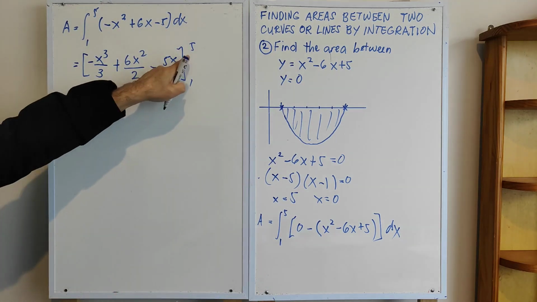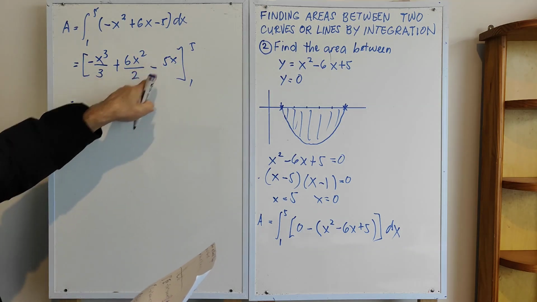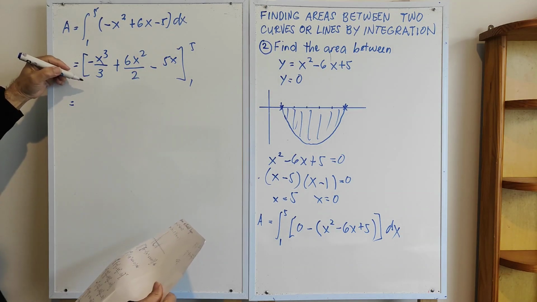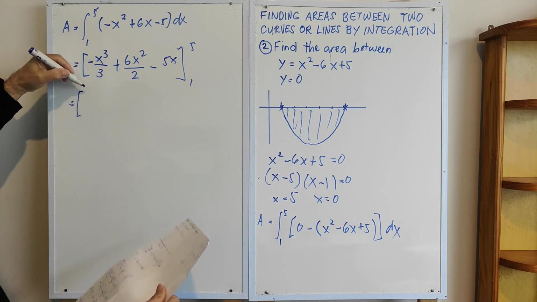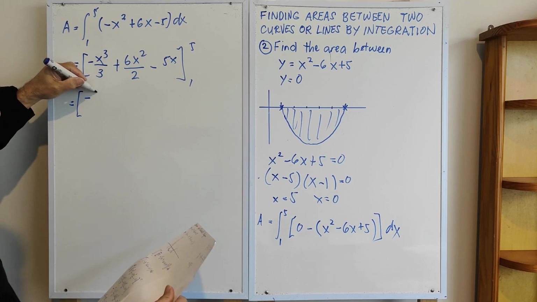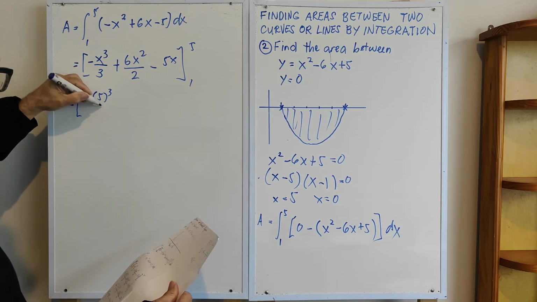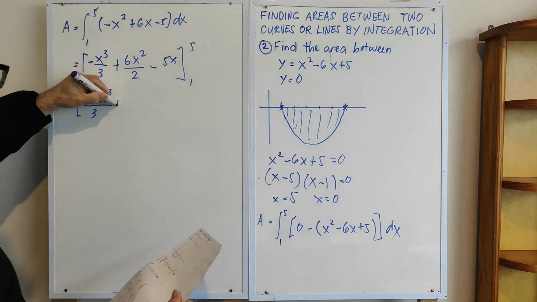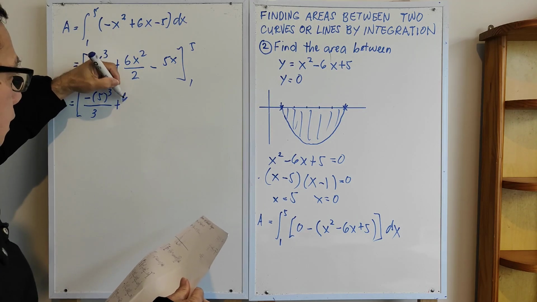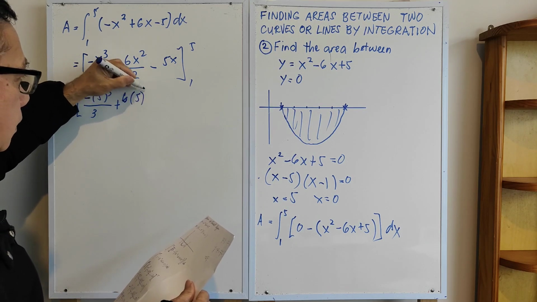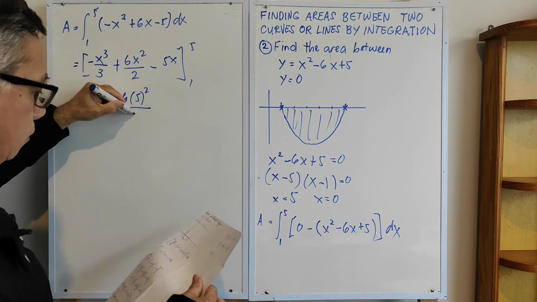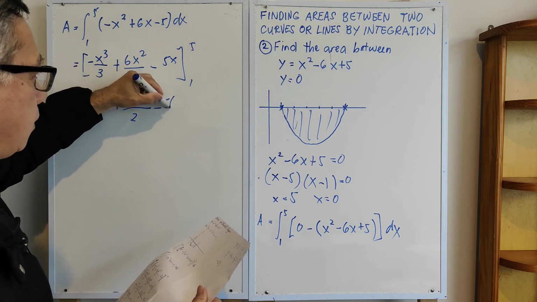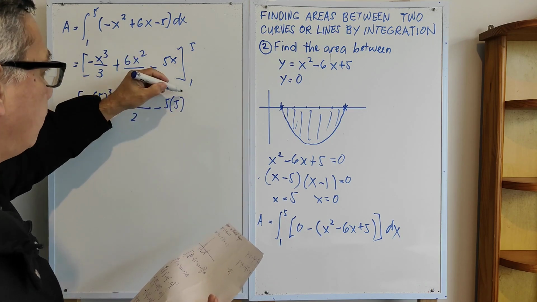So we replace all the x's with 5: negative 5 cubed over 3 plus 6 times 5 squared over 2 minus 5 times 5.